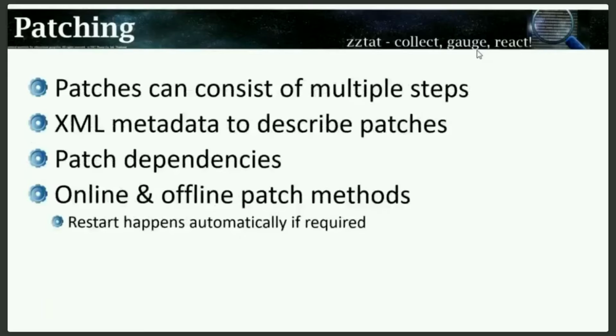We can have multiple steps as part of a patch. We can have dependencies between patches so that a patch will not apply unless a prerequisite patch has already been applied. And we also support offline and online patching, and fully automatic. So the framework will be shut down automatically if needed during the patching process.